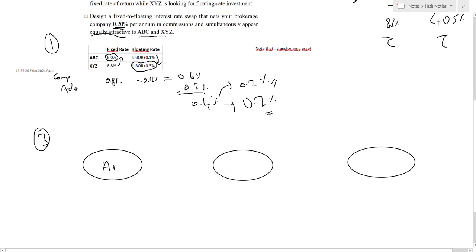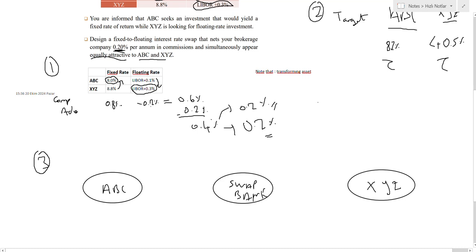Let's say this is ABC company, this is a brokerage company, or let's say swap bank, whatever you call, and let's say that's the XYZ company. So probably 2 minutes ago I said that the critical and crucial part to design a swap is first of all offering a different strategy.